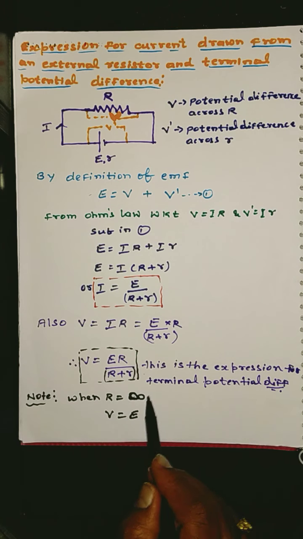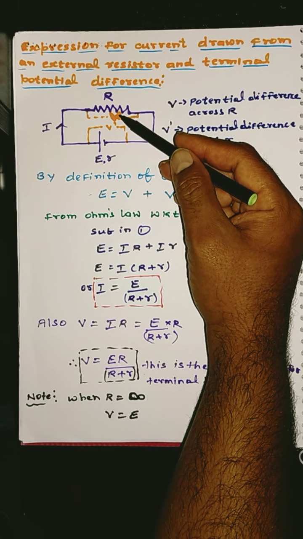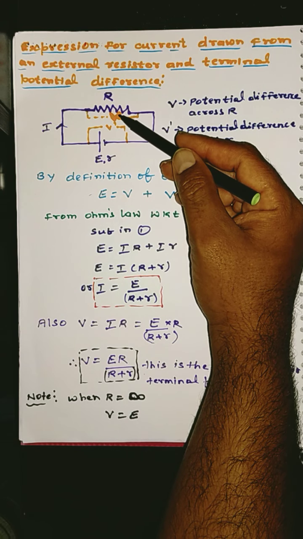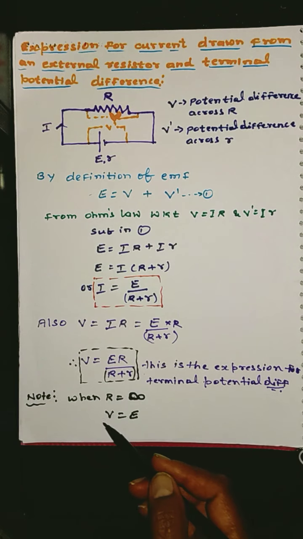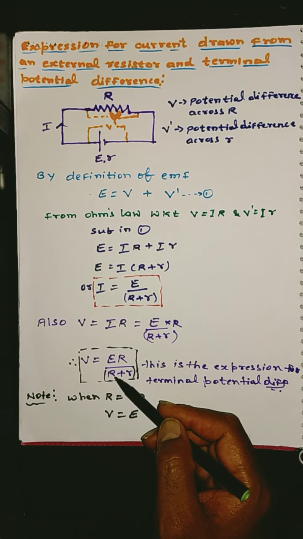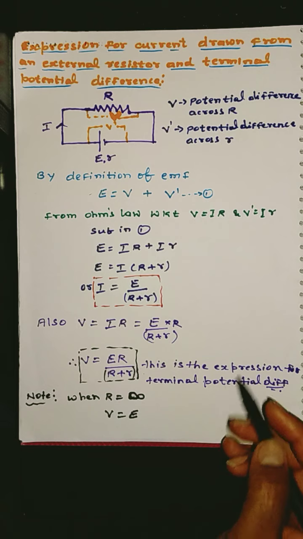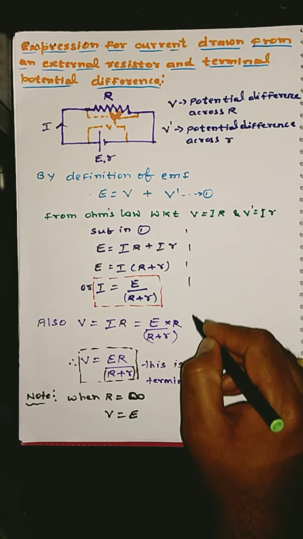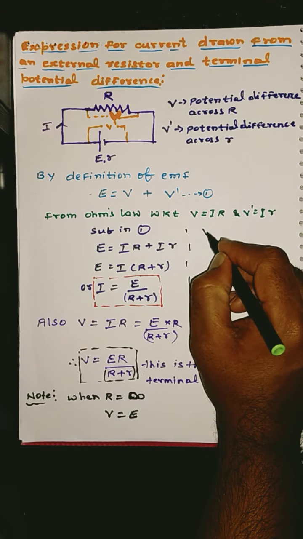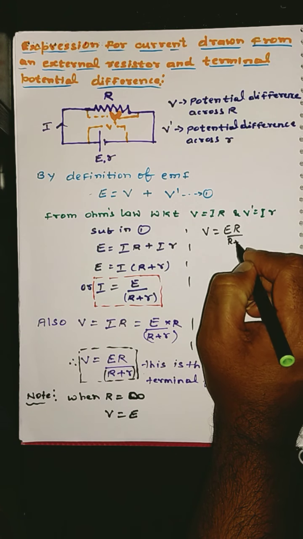When R is infinity, when external resistance is infinity, I told you a few moments ago that terminal potential difference will be equal to EMF of the cell. So if you substitute R as infinity here, you will observe that V reduces to E. See, I can prove it here. V is ER by (R plus r).